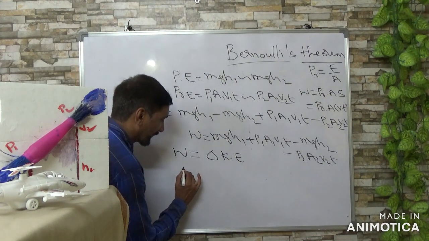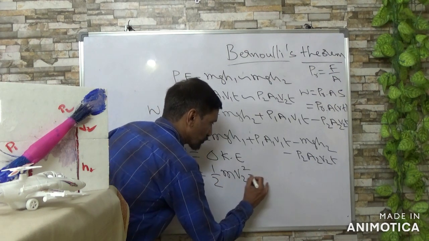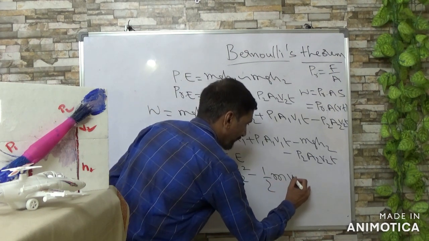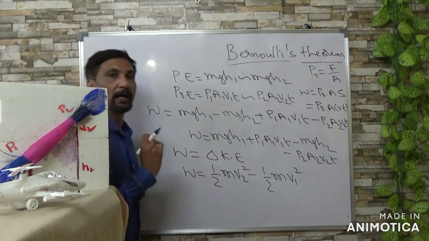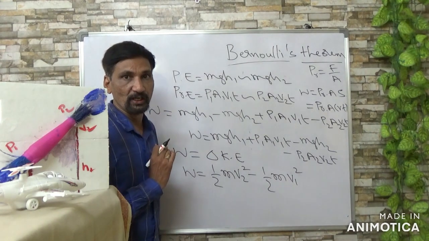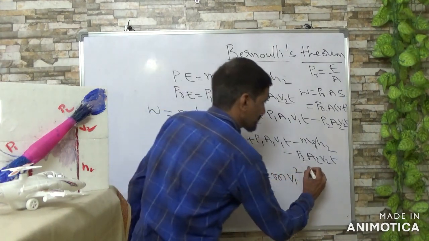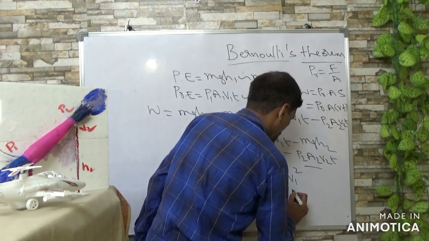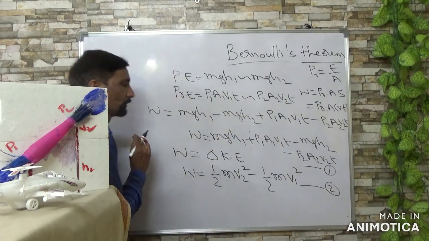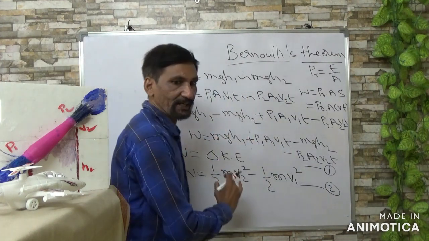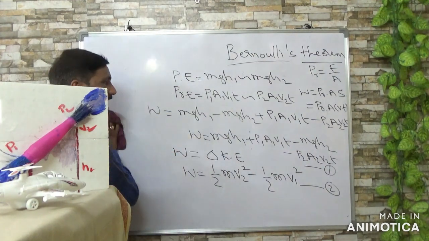So work done is equal to half m v2 square minus half m v1 square. That is according to the work energy theorem. These two are equal now. This one is by fluid mechanics and this one is by dynamics. So both are equated.